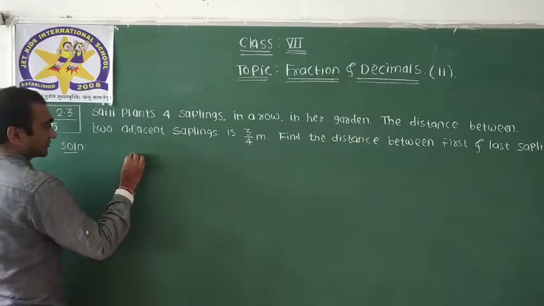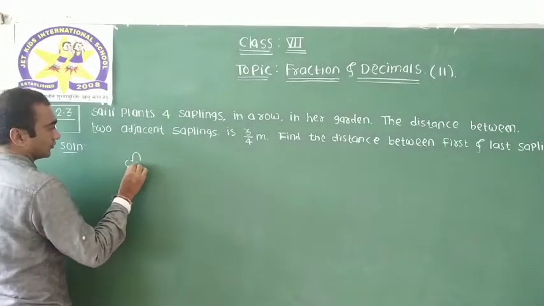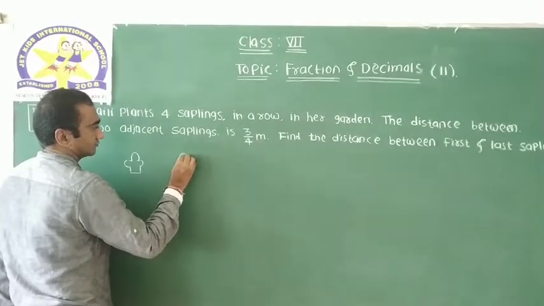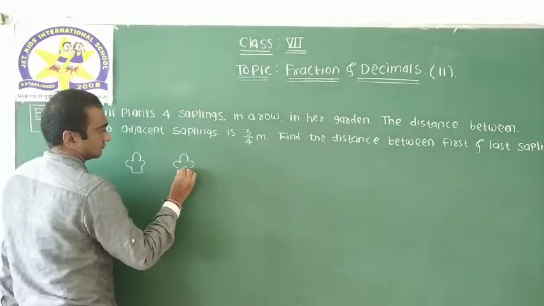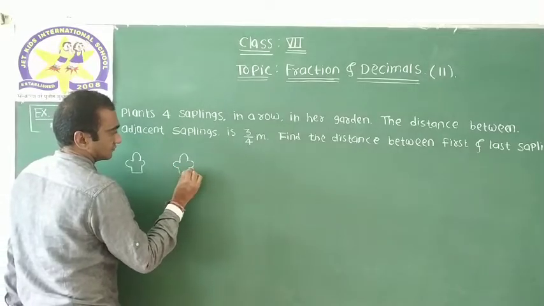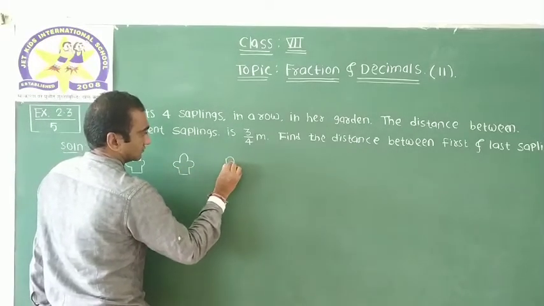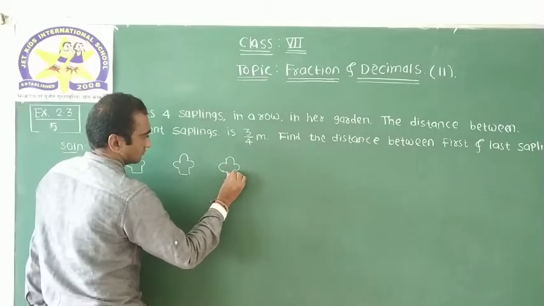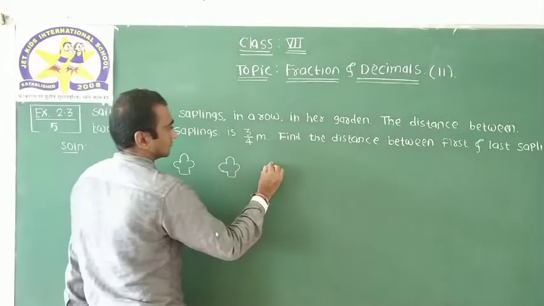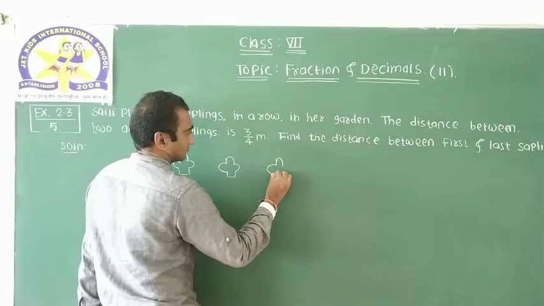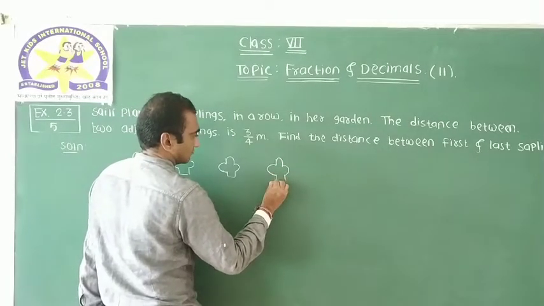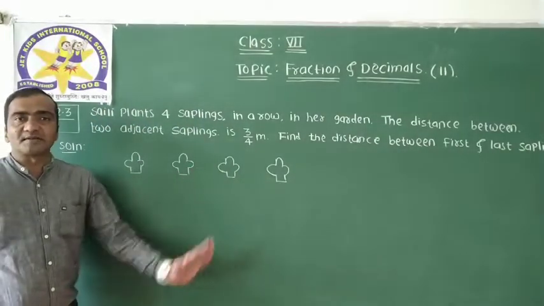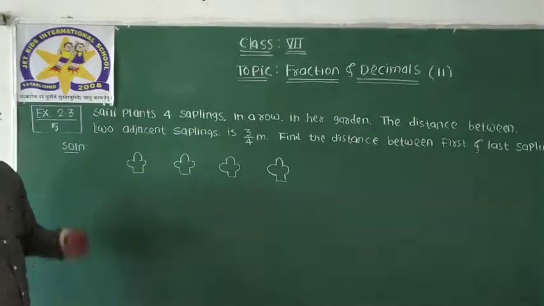Sally plants 4 saplings in a row. Like that, suppose she planted 4 saplings in a row in her garden.